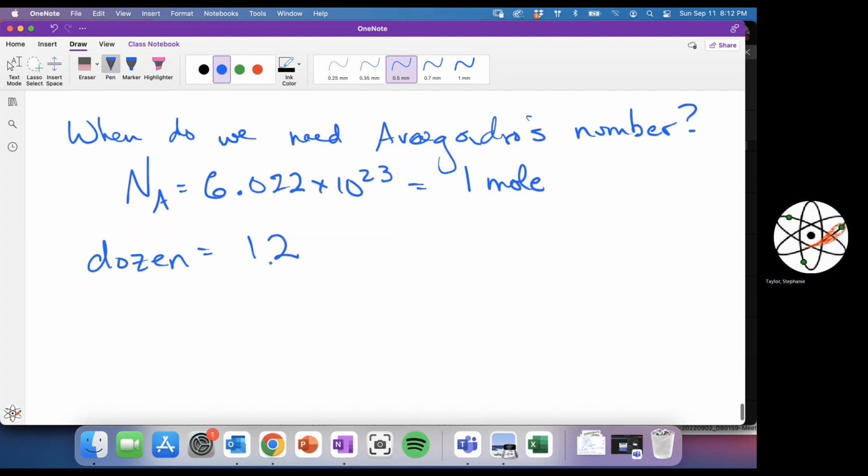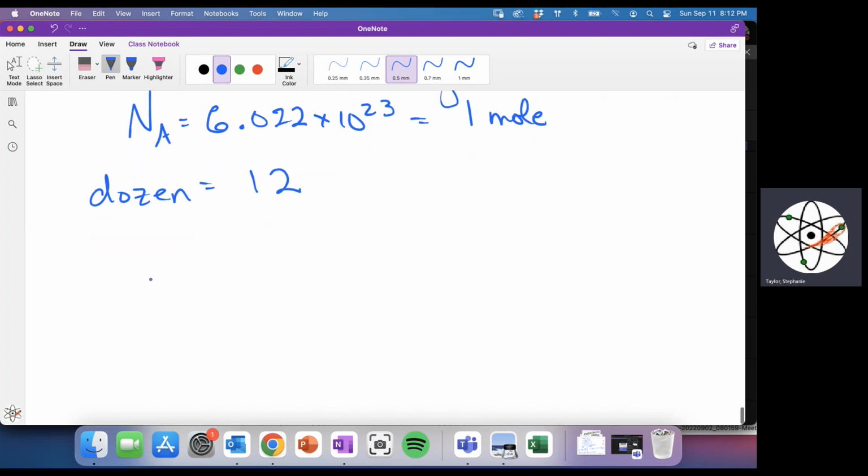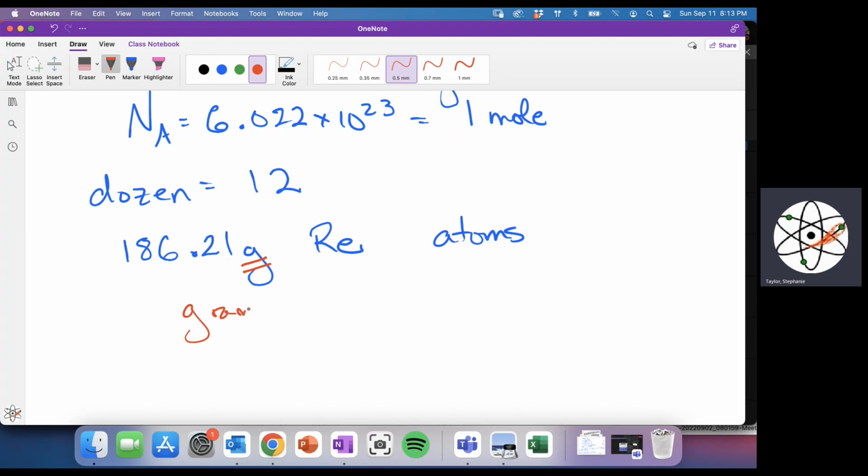So when we are doing any particular calculation, like for example, let's say that I had 186.21 grams of rhenium, and I wanted to know how many atoms I have. Since this is in grams, I can use a periodic table to go from grams to moles.